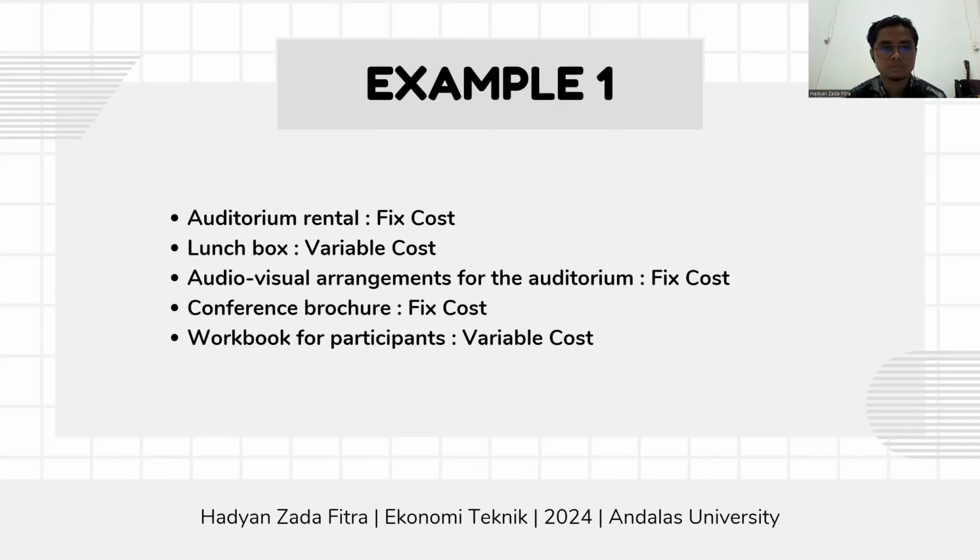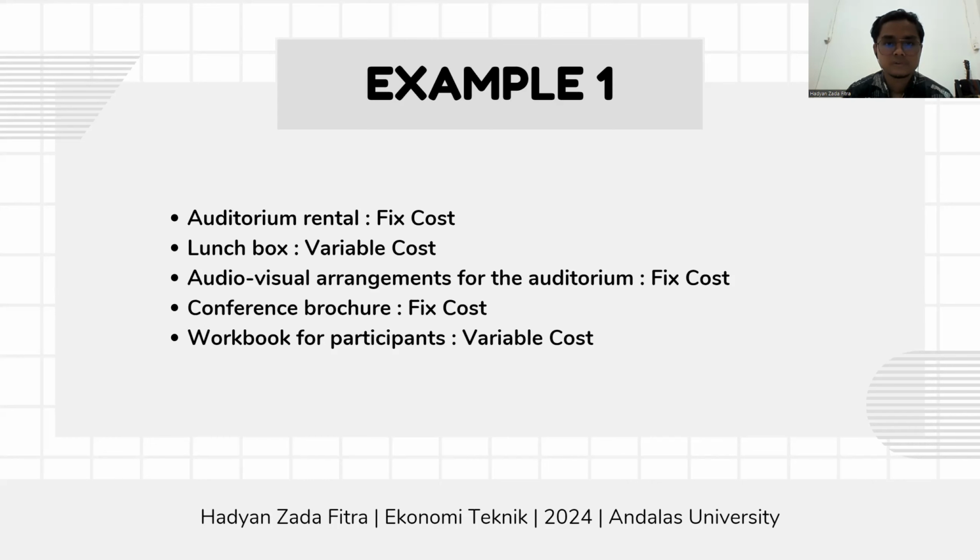The lunchbox will depend on how many participants are in that room. And next, audiovisual arrangement for the auditorium is a fixed cost. Conference brochure is a fixed cost, and workbook for participants is a variable cost.